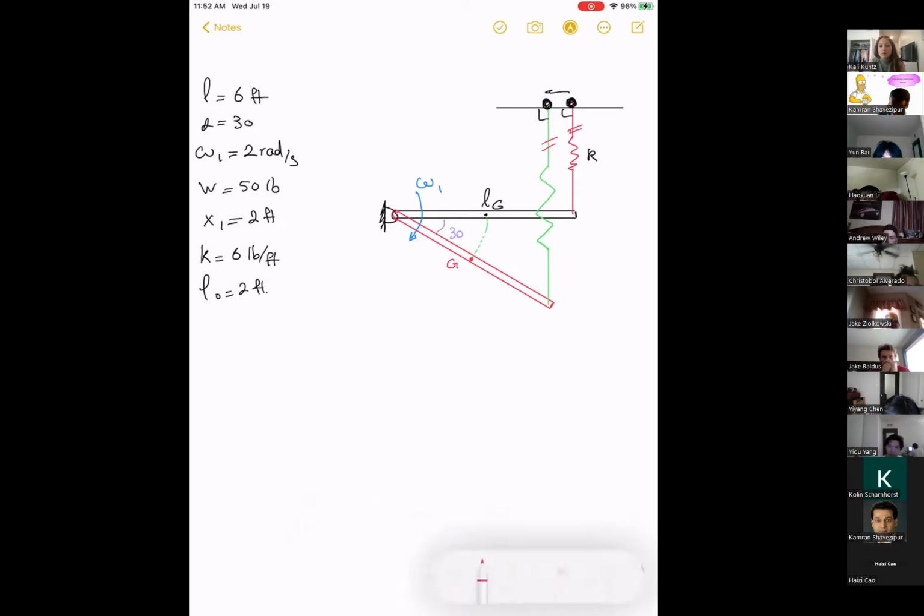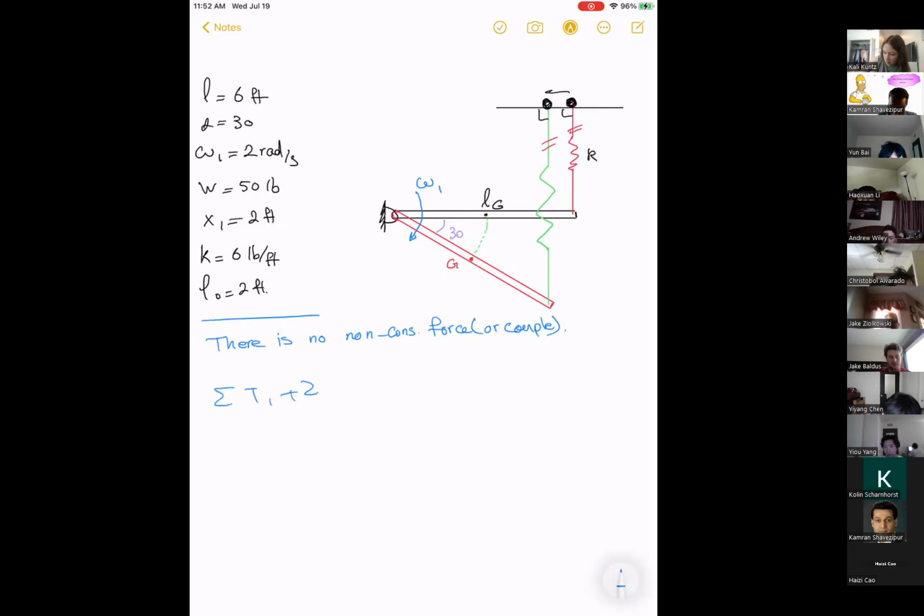So to solve this, we can start with, there is no non-conservative force or moment, obviously, couple or anything. So I can write summation of T1 plus V1 is going to remain the same. And this is the conservation of energy, right?